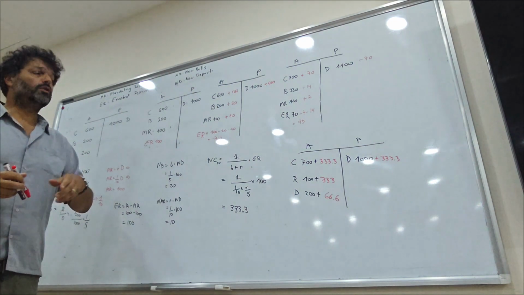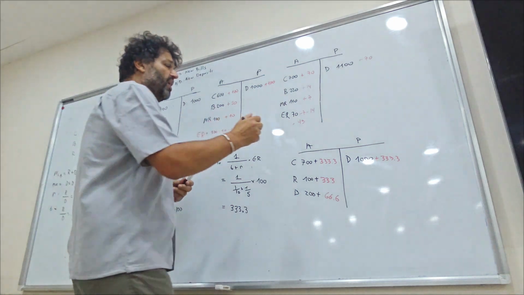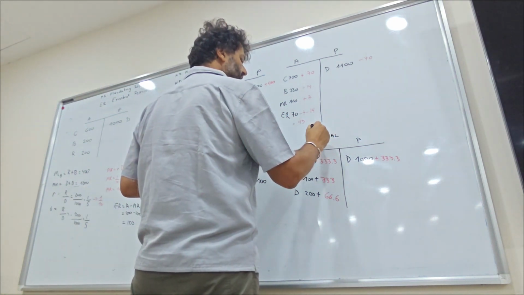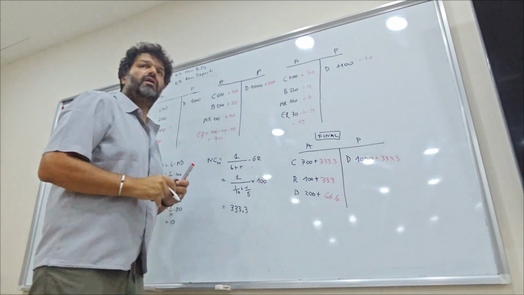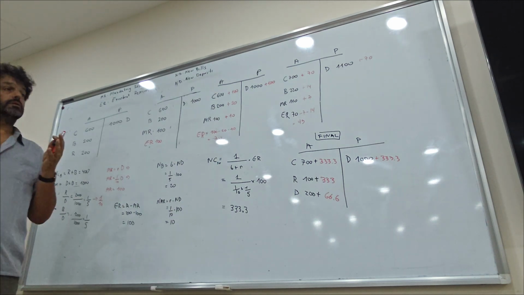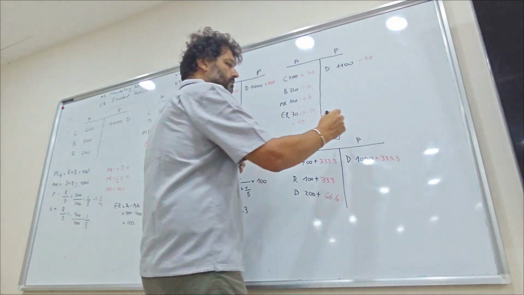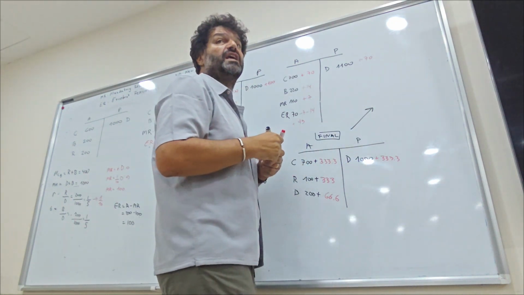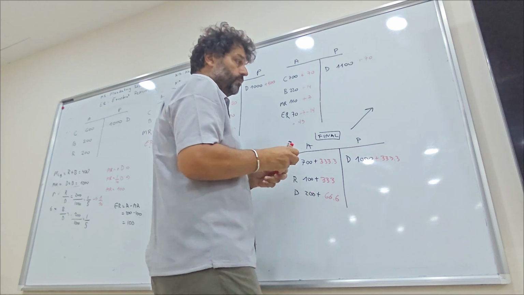Now, if you look at this final one, this is the final. If you look at the final one, what is happening? How much is the central bank money?